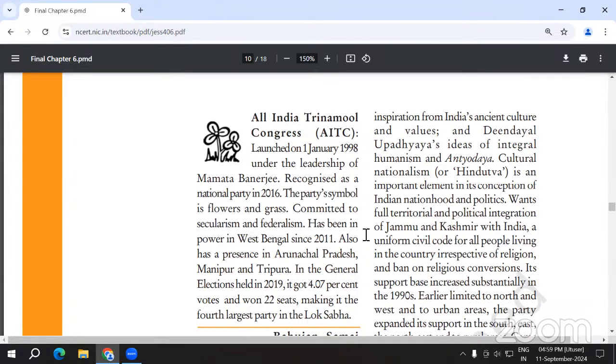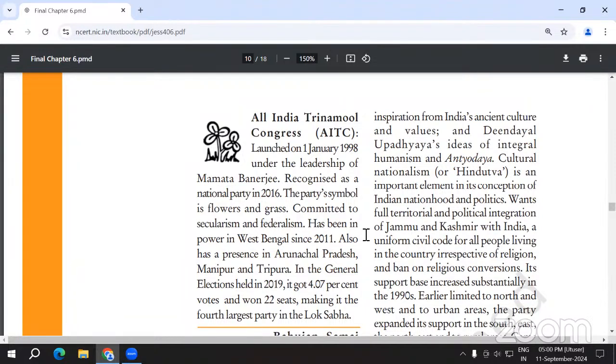Can it work with this principle? So, if we are given the freedom to practice our religion, profess our religion, and propagate our religion, this one is against the secular principles of India. That is the second reason for losing its popularity.